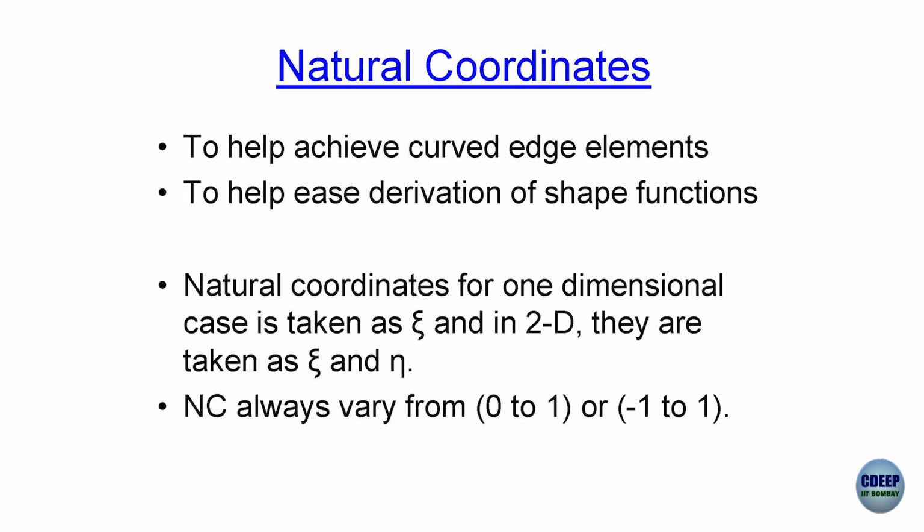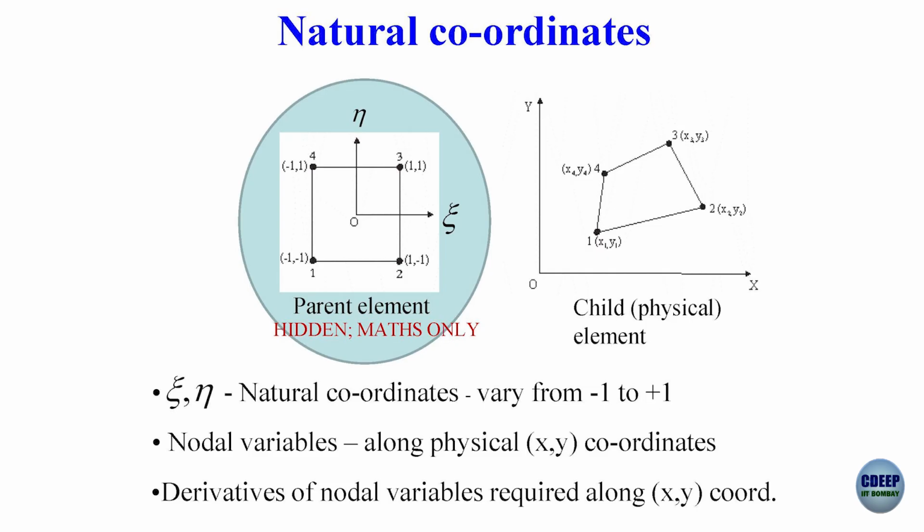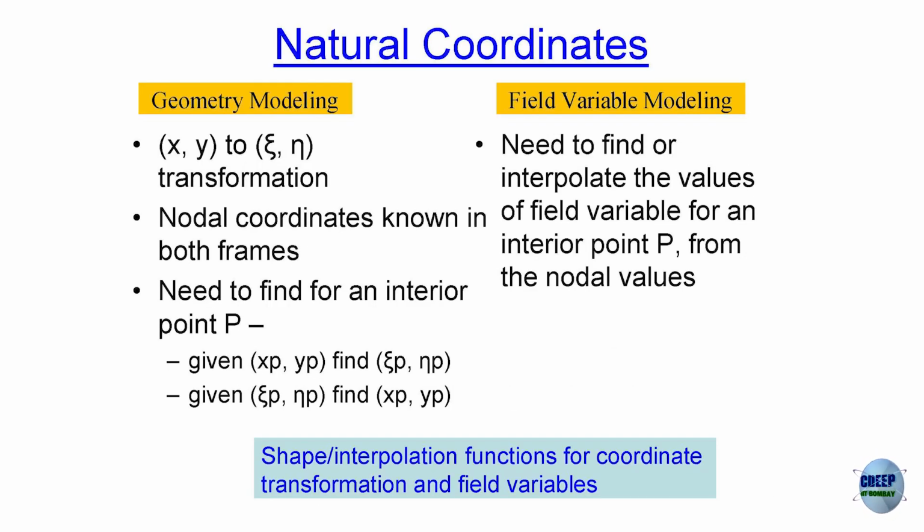We proposed that the natural coordinates, for example in quadrilateral elements, could be a perfect square, zeta and eta varying from -1 to 1, whereas the real physical world xy could be anything, x1 y1 to x4 y4 for a quad 4 element. So, we needed to do this coordinate transformation. That is what we discussed in the previous class.